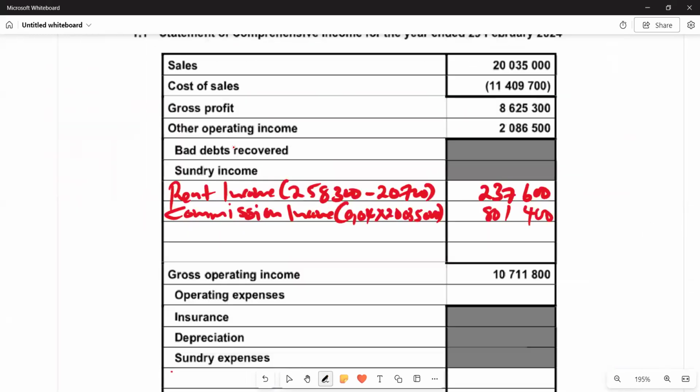So we are here. We are saying trading stock surplus, whereby we are saying 918,000 minus 923,200.